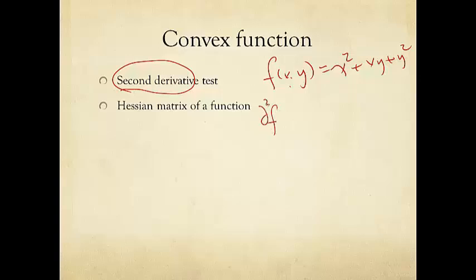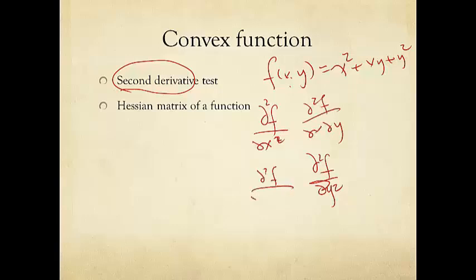With partial derivative of this function with respect to x twice, and with respect to y twice, and with respect to both x and y, with respect to both y and x. This is the matrix.